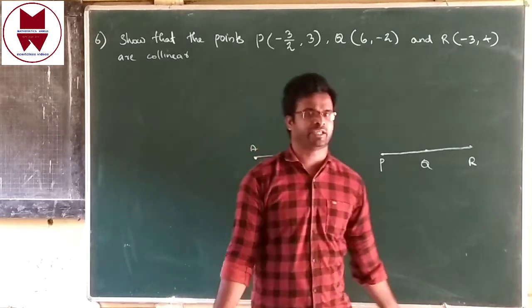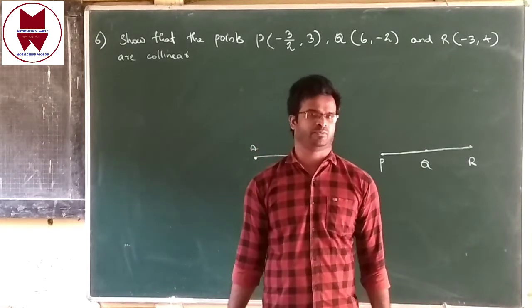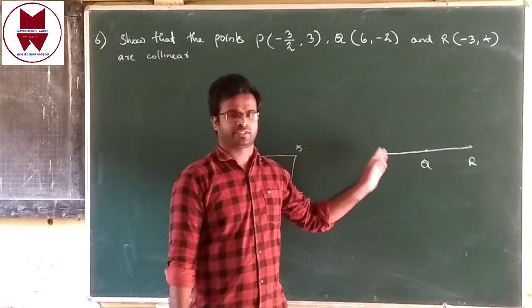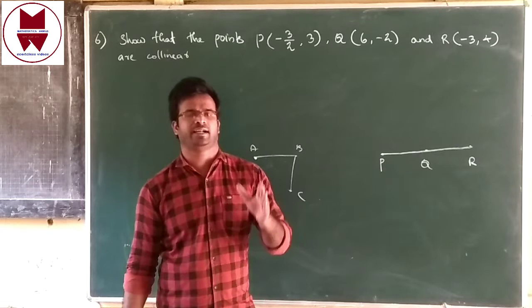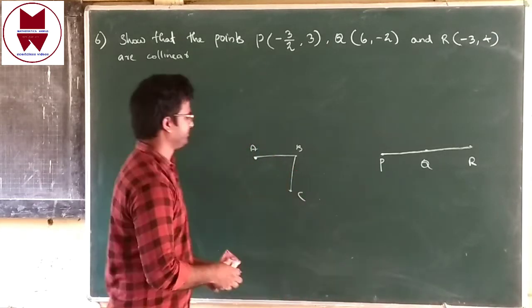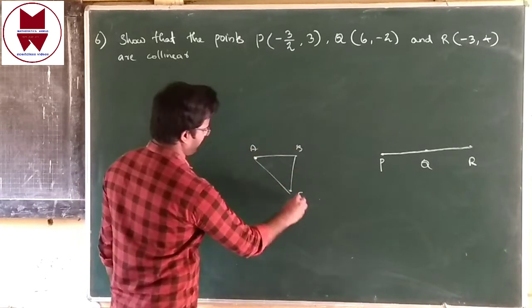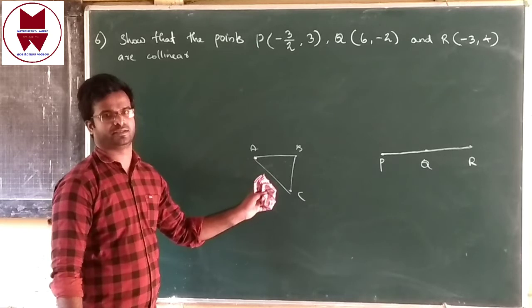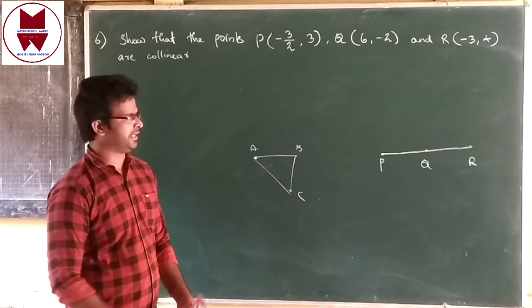Then how can find out area of triangle? Already you have studied one formula, isn't it? Using by that formula, find out area of triangle. In case if you get answer is 0 means that 3 points are collinear. Using by these 3 points, we can make one triangle, triangle ABC. These points are not collinear. That's why we can make one triangle.